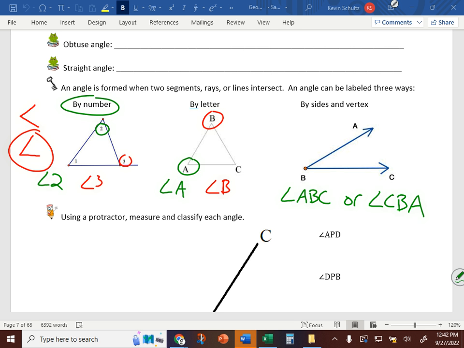It's where ray BA and ray BC connect. That forms the angle, and that's why B has to be in the middle. So as we go through different diagrams, know that angles can be numbers, not degrees. Notice there's no degree symbol there. It's the number 2, the angle 2, by letters, or by sides and the vertex in the middle.